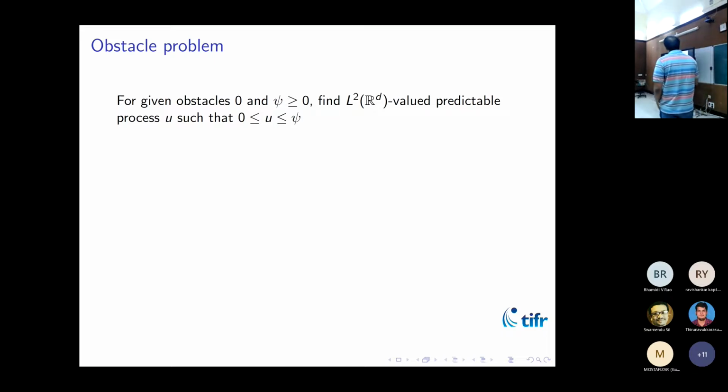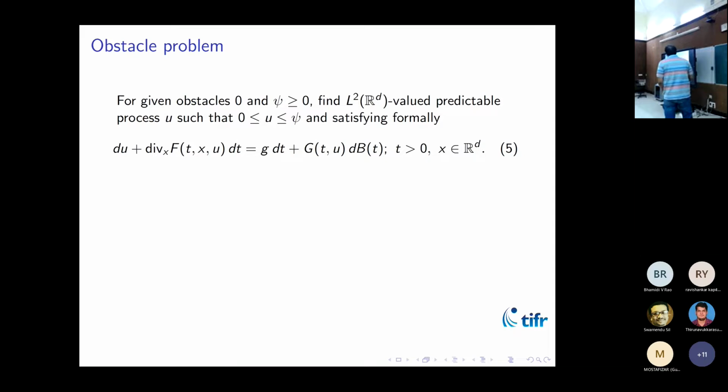But suppose these two levels are there, and then you want your state process or your solution to lie between these obstacles. So the first condition is that you should lie between 0 and psi, and it should also satisfy this equation. Of course, the initial data should be satisfied. The initial condition is a Cauchy problem, so the initial data should also satisfy the obstacle.